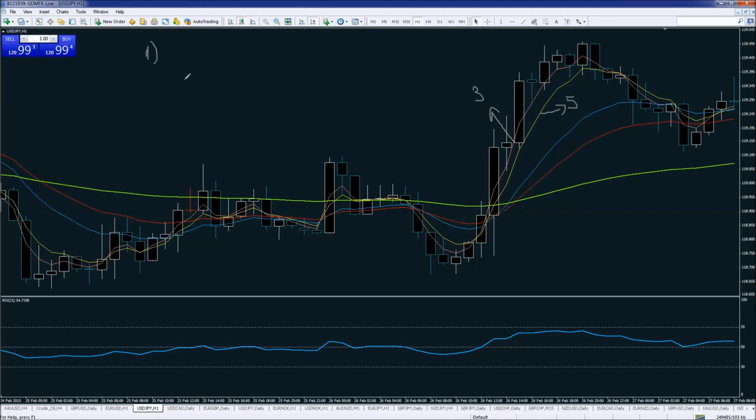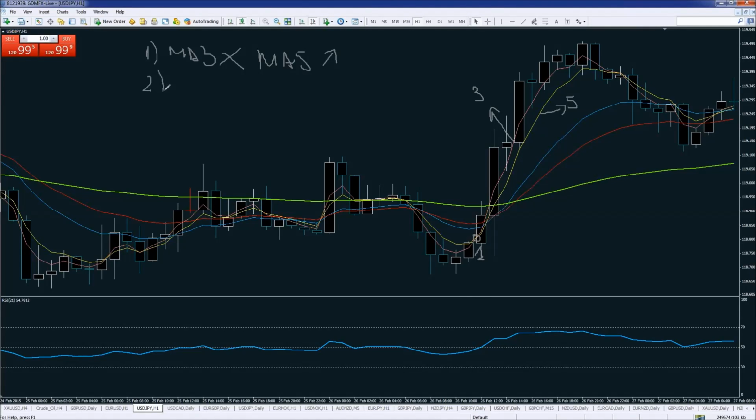Now the moving average 3 must cross the moving average of 5. If, of course, we're looking for long orders, it should cross above, from the bottom. During the uptrend, it should cross to the upside. This is our first cross here: the moving average 3 crosses with period 5.